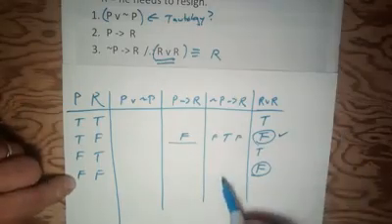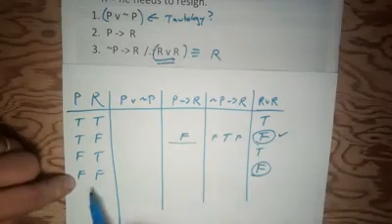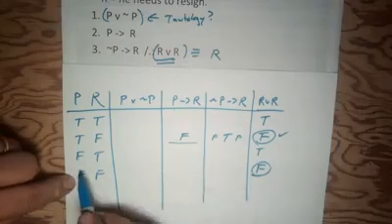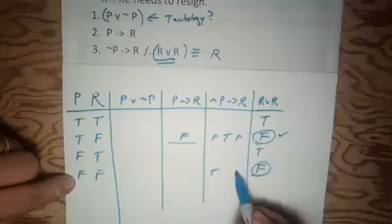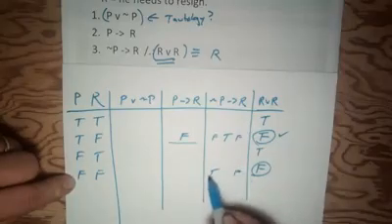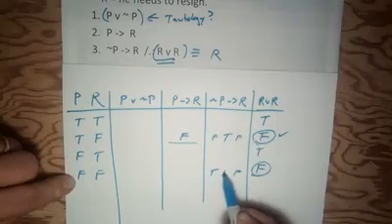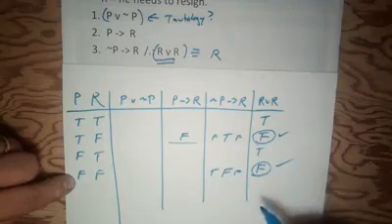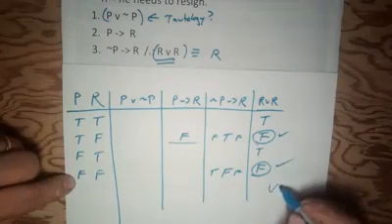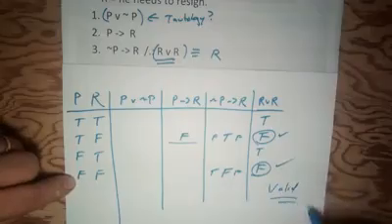On this row, P is false, therefore not P is true, and R is false, and so true then false is false, so that checks out. So that argument is also valid.